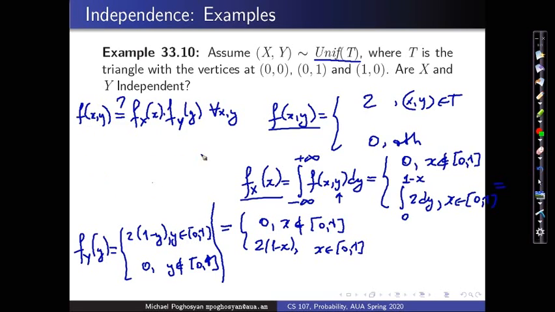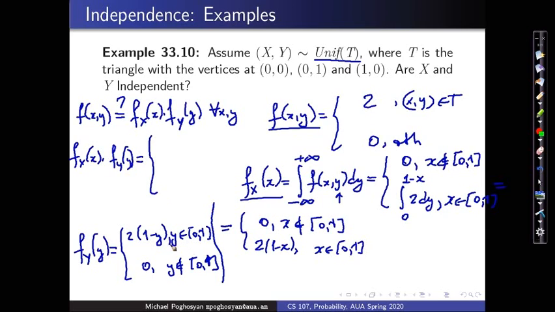I need to check, well, in fact, this is not correct for any x and y, because in some region, the product f_X(x) times f_Y(y) will have the following form.